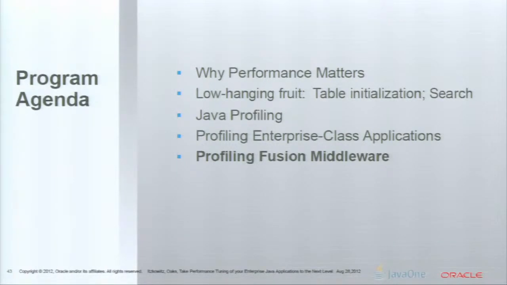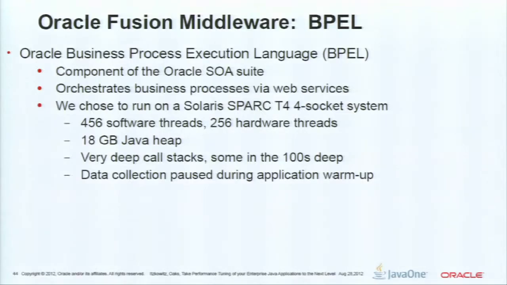So I work in the performance, scalability, and reliability group at Oracle, and I'm going to give a case study on how we use the collector and analyzer to profile one of our Fusion middleware applications. Probably many of you are not familiar with Fusion middleware, so I'll just talk a little bit about it.